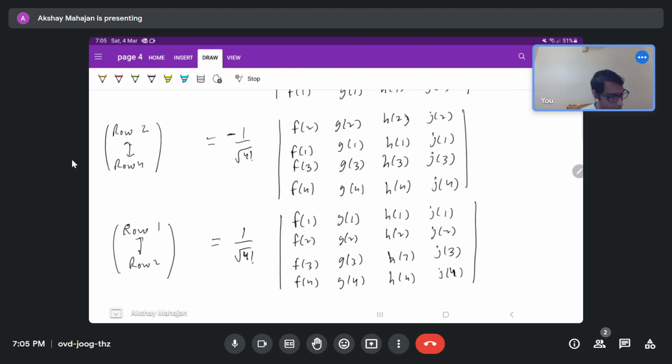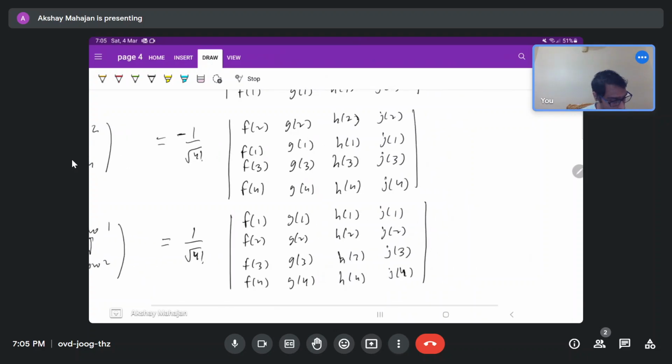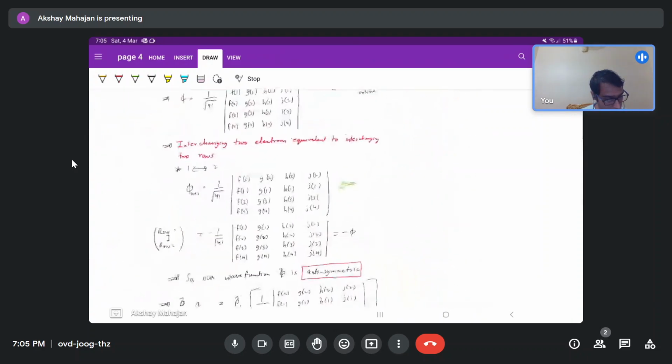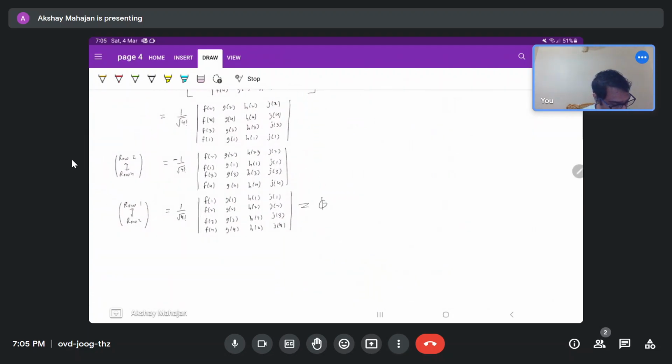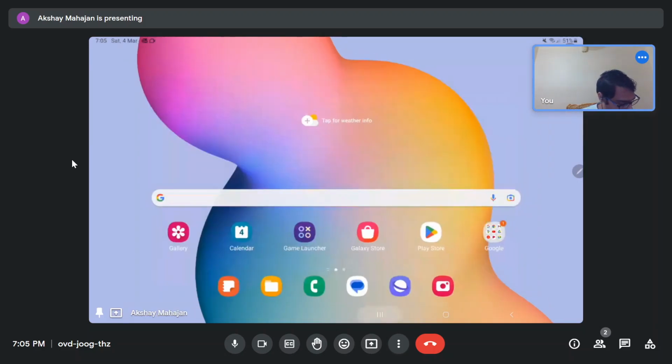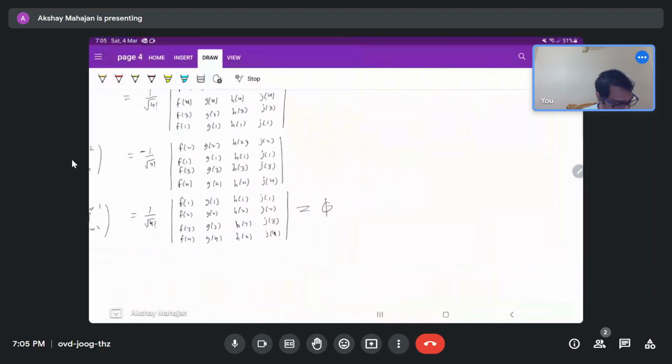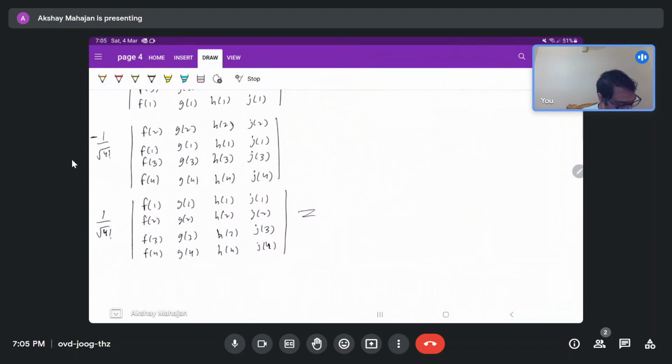You can check this is 1 2 3 4, the same as our initial function, so we are getting our initial Slater determinant 5. So this shows it is antisymmetric.